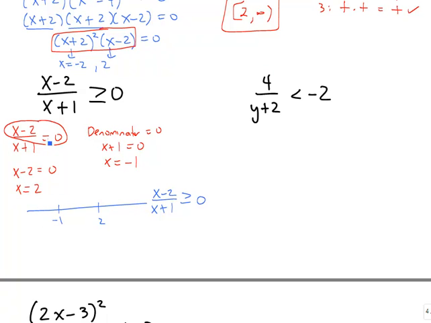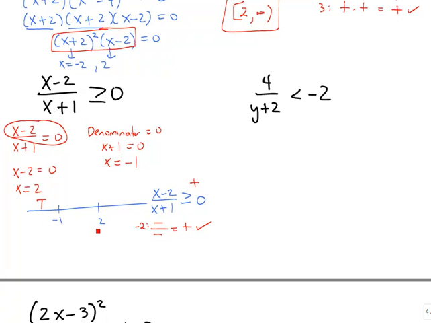So to test over here, we would want to test something less than -1, like -2. Now we're looking for where this is greater than or equal to 0. That's a positive. So I'm going to substitute in -2 up here. -2 minus 2 on top is going to be negative. -2 plus 1 is going to be negative. And a negative divided by a negative is plus. That's what we want. So this is true.